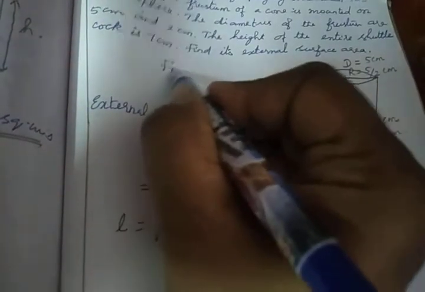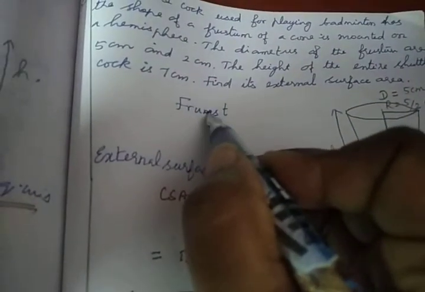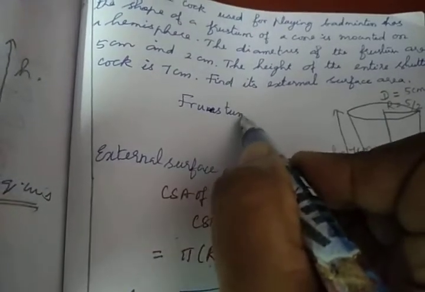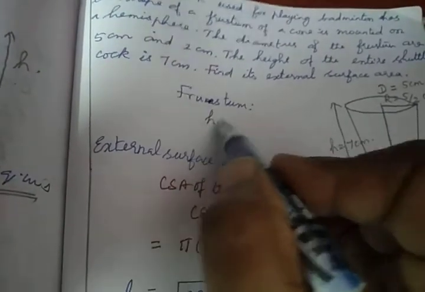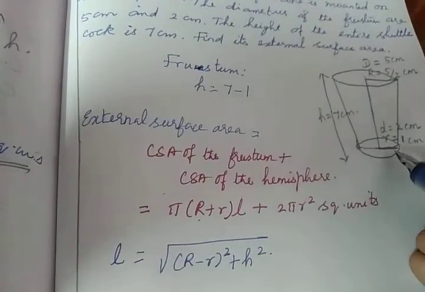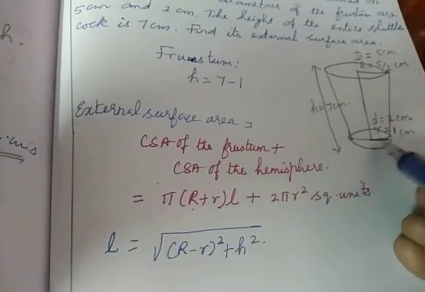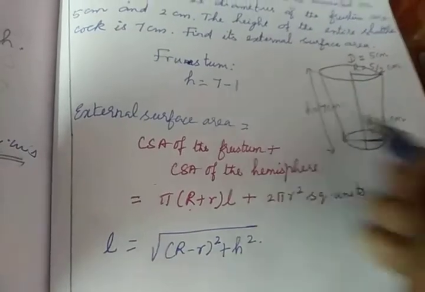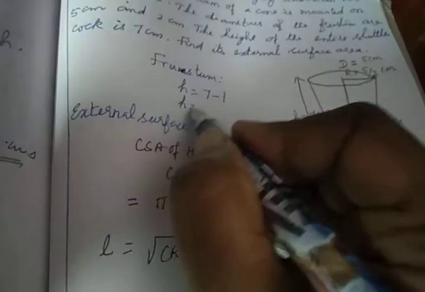For the frustum, height will be 7 minus 1, the whole height minus the radius of the hemisphere, since the radius and the height of the hemisphere are the same. Already we have seen it. So h is equal to 6 centimeter.